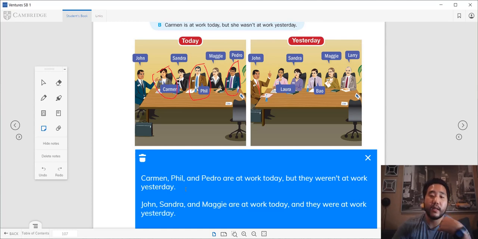Now, can you see the difference between but and and? And is used for being the same, so John, Sandra, and Maggie. But for Carmen, Phil, and Pedro, since they weren't at work yesterday, we had to use the word but because it's different. They're different people.